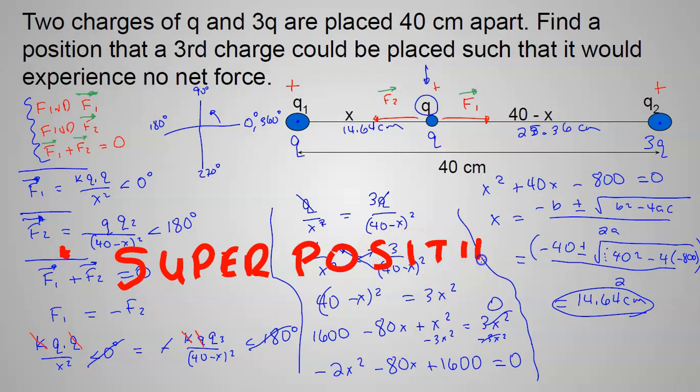Don't forget that they are vectors, so we have to add these as vectors. The superposition principle says if I take the effect of the first one and add the effect of the second one, then I'll get the total effect.